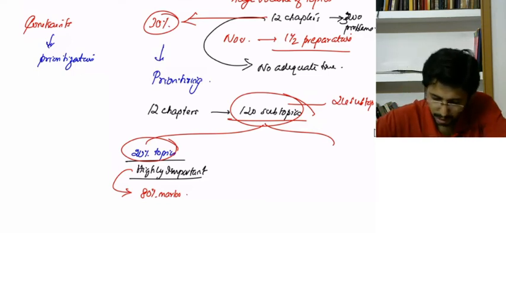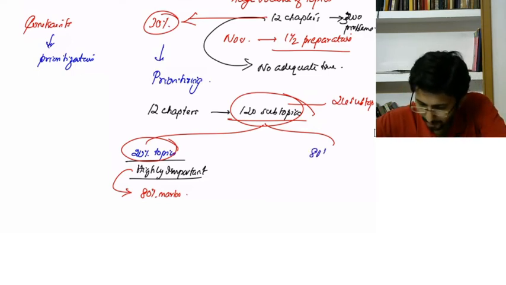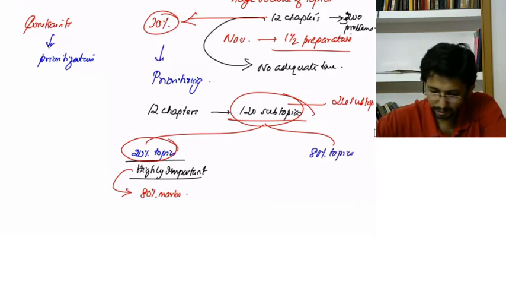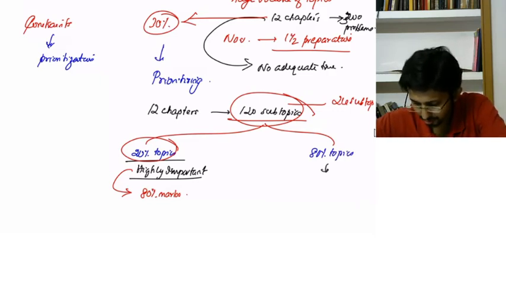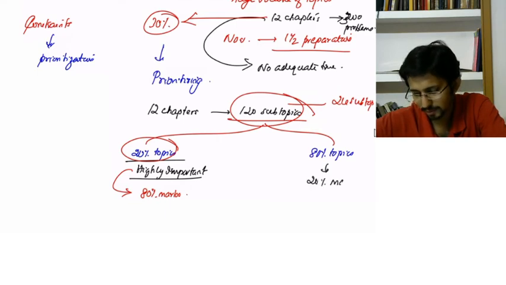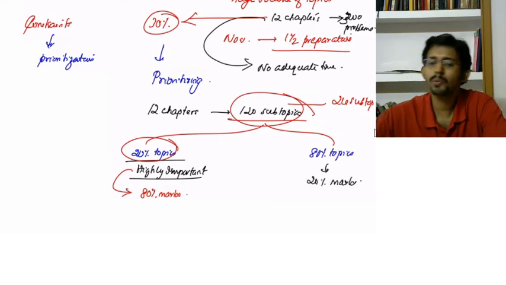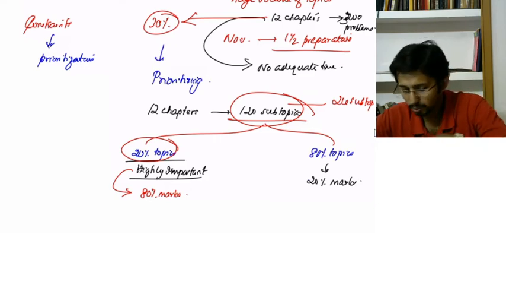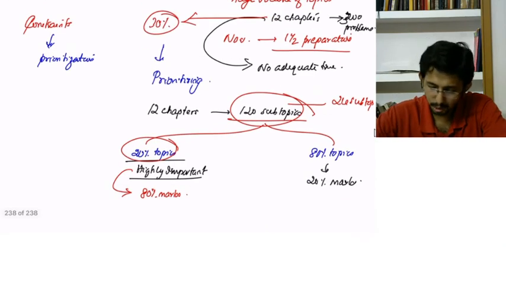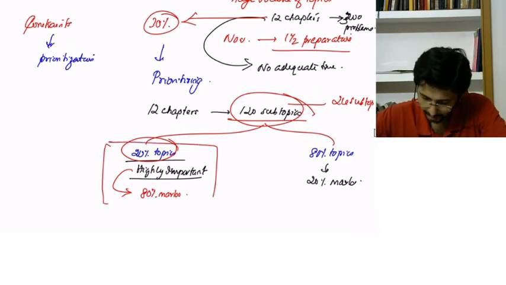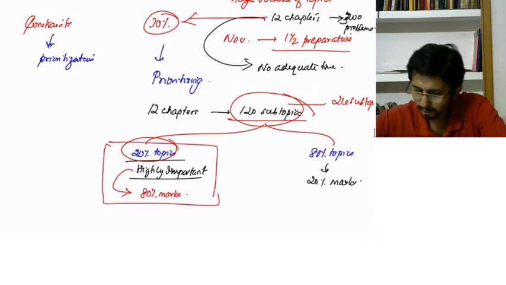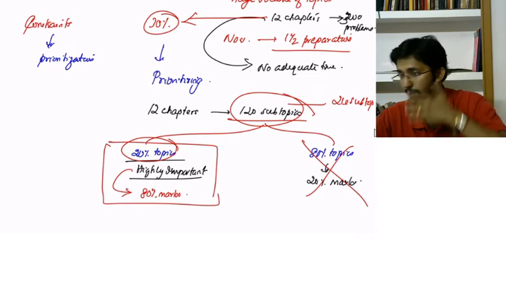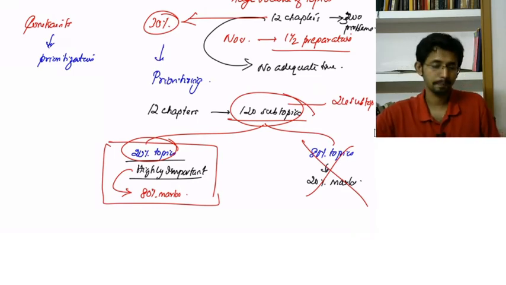So the balance 80% topics will give you only how much? 20% marks. If such a situation is there, what do you have to do? Your entire focus should be given to these 20% topics alone, and you just forget about the 80% topics because we are losing only 20% of the marks there, and you have very limited time.